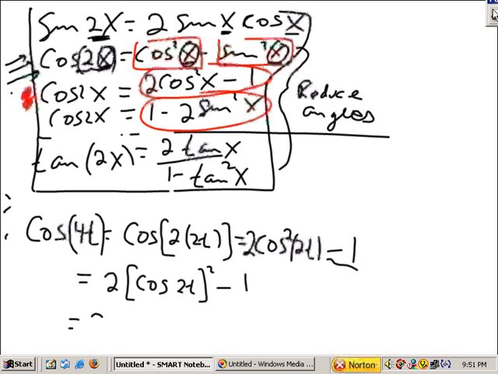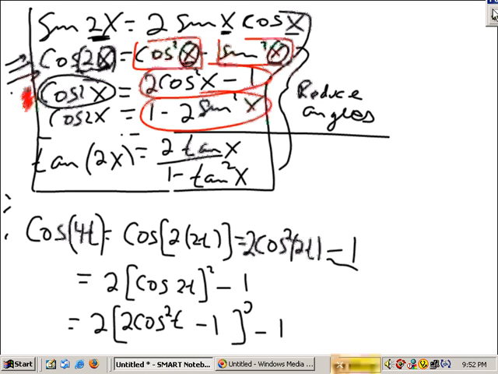But you know what? I know exactly what cosine of 2t is. Instead of x, I have t. It's 2 times cosine squared of t minus 1, and that whole thing gets squared.